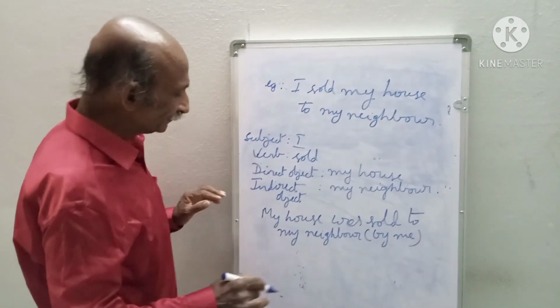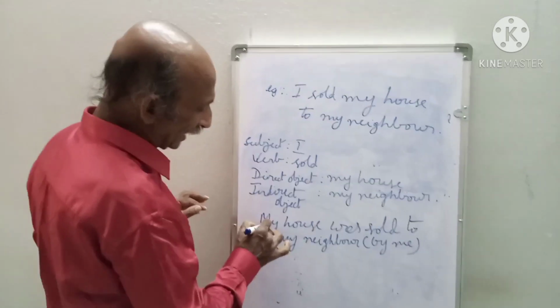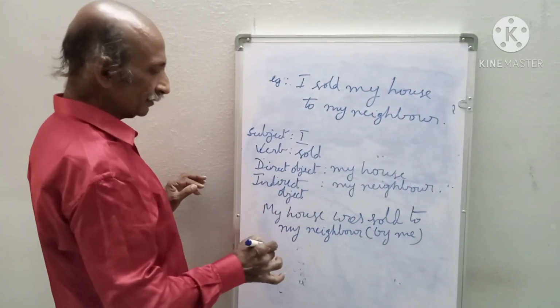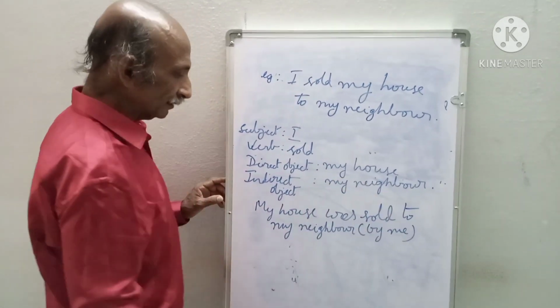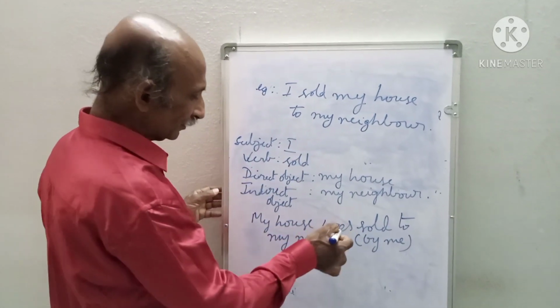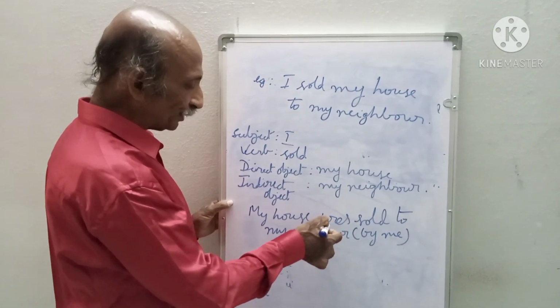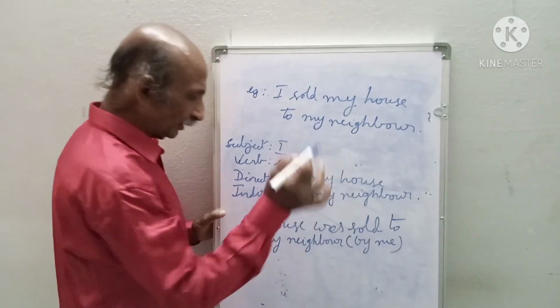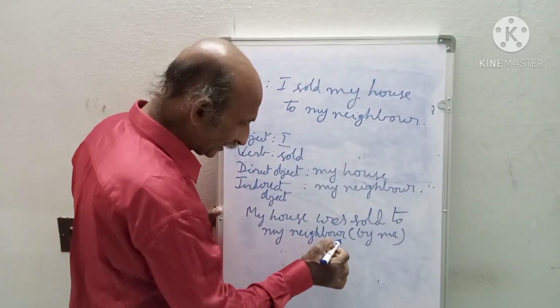So for this reason, I began the sentence with the direct object, my house. My house was sold, because sold is the past form of the verb sell. So appropriate form of the verb to be is was, and then sold. Past participle is also sold, to my neighbor.